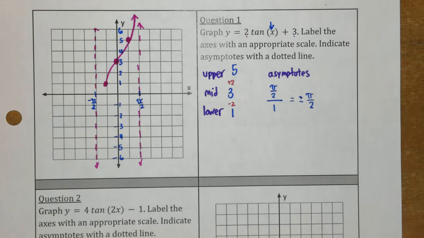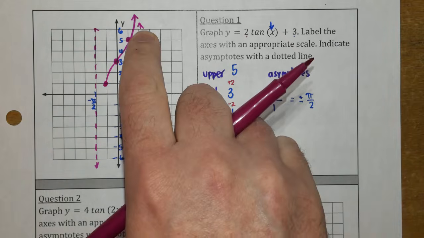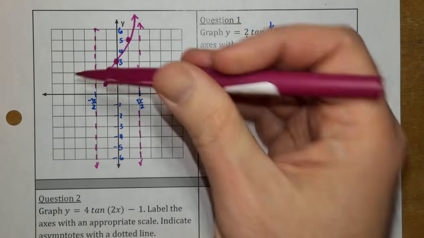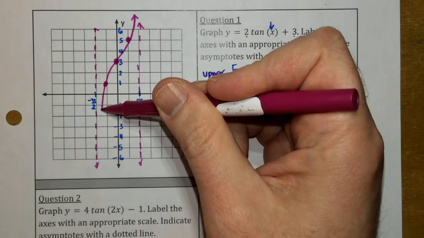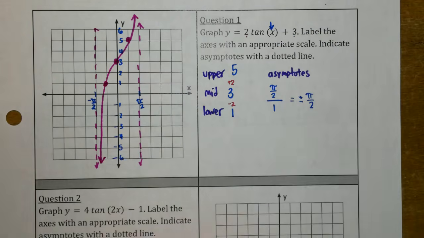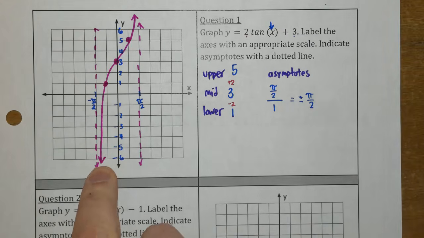But really, in reality, it's getting closer and closer to this dashed line without ever hitting it. Same in the down direction. It's going to go down and closer and closer. It's kind of hard to draw a line that's getting closer without actually hitting. It just ends up looking like a vertical line. It's sort of a vertical line, but it is mathematically getting closer to that.